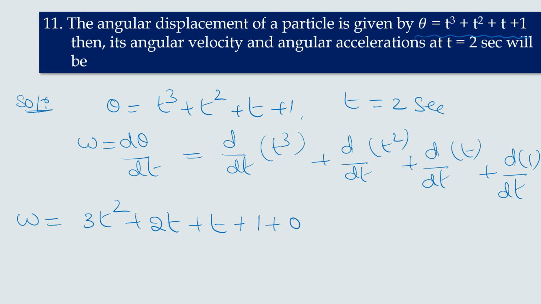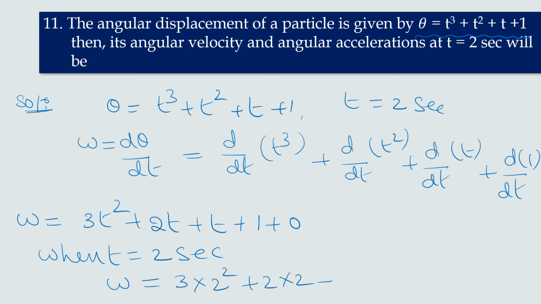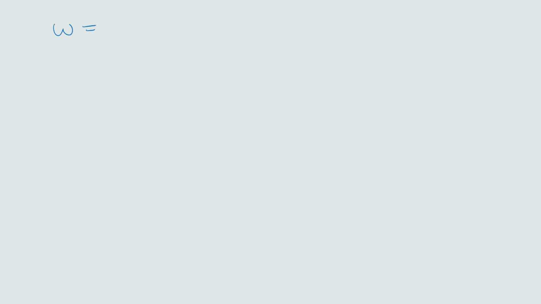When t is equal to 2 seconds, substituting the value 2 for t: 3 into 2 square plus 2 into 2 plus 1. 3 into 4 is 12, plus 4 plus 1.